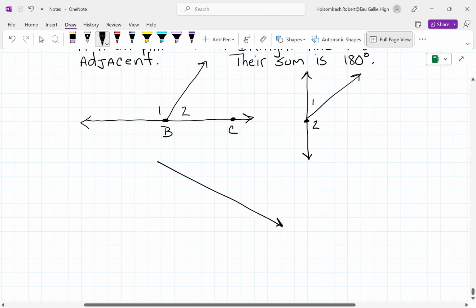A diagonal line with a point on it and a ray coming out of that point. Angle 1 and angle 2 are a linear pair. Basically, two angles, when they're next to each other and they form a straight line, their non-common side forms a straight line. They're a linear pair. Their sum is 180.